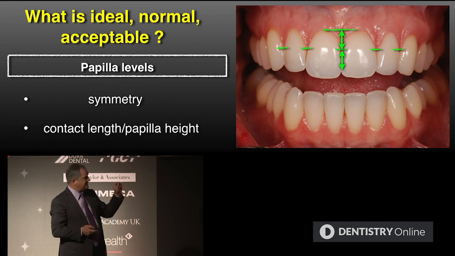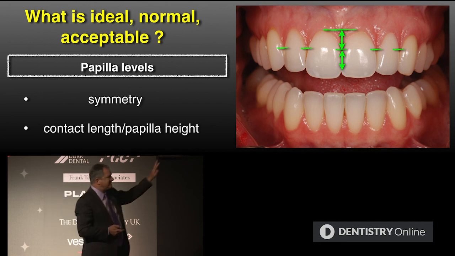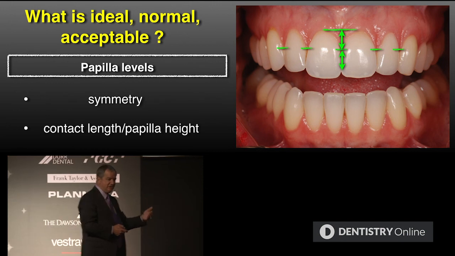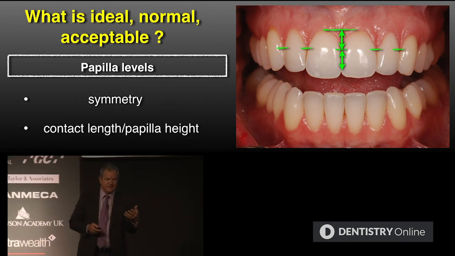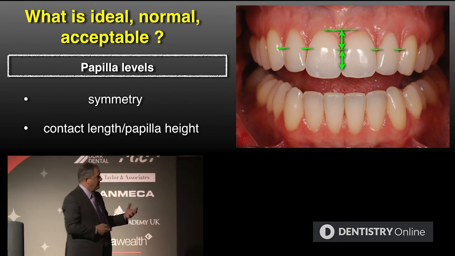The length of contact being from the tip of the papilla up to the bottom of the incisal embrasure. So that's sort of the gross aesthetic parameters around tooth position, tissue levels, and papilla levels that we would treatment plan in complex patients first.